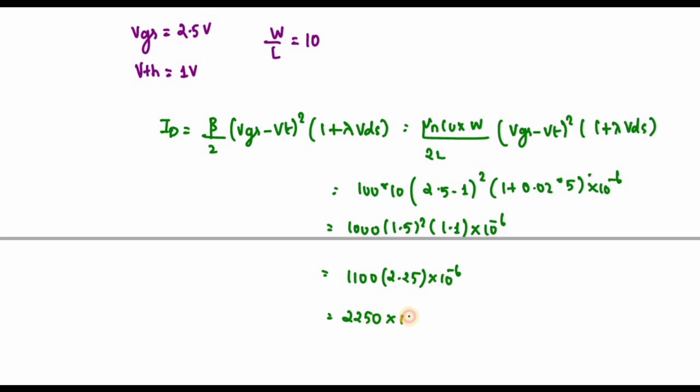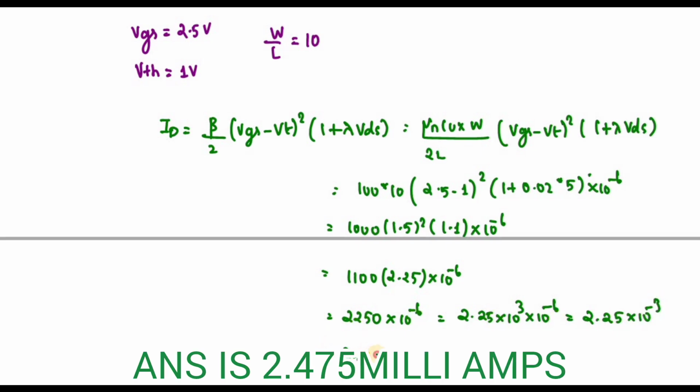So you will get 2.25 into 10 power 3, into 10 power minus 6. So it is nothing but 2.25 into 10 power minus 3, which is 2.25 milliamps. So this is your answer.